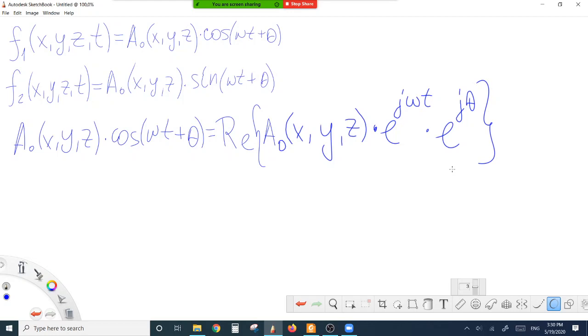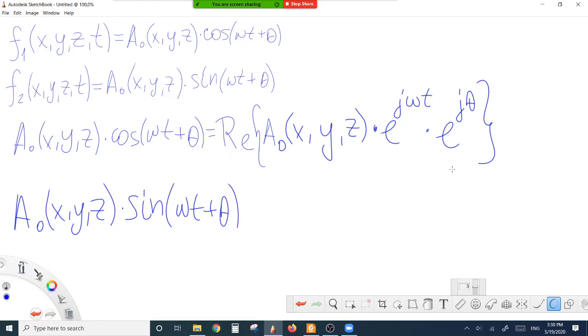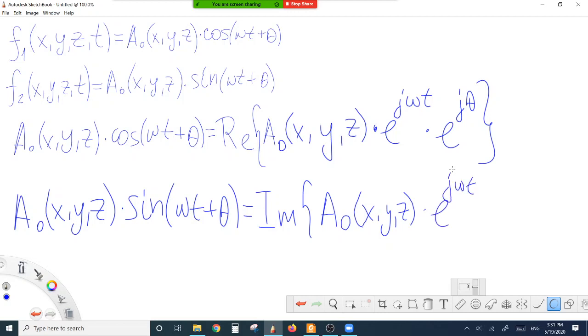And similarly, the phasor notation of the second function, a0(x, y, z) multiplied by sine (omega t plus theta), is equal to the imaginary part of a0(x, y, z) multiplied by e to the power of j omega t multiplied by e to the power of j theta.